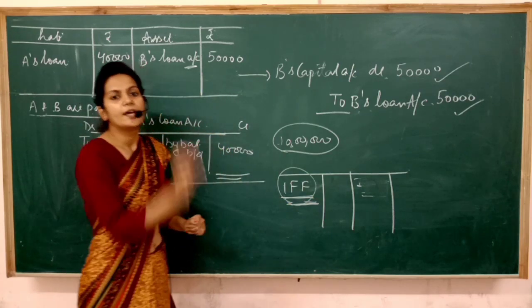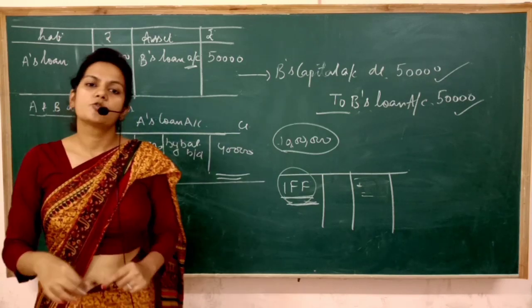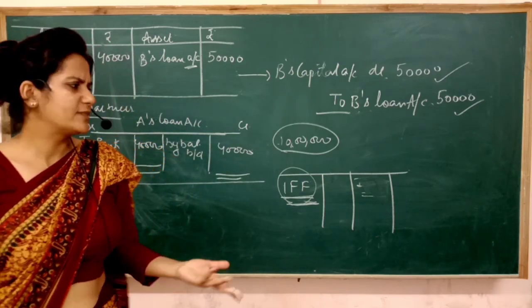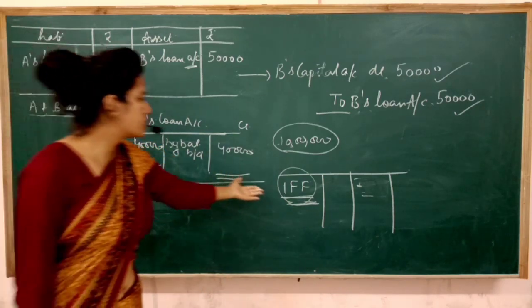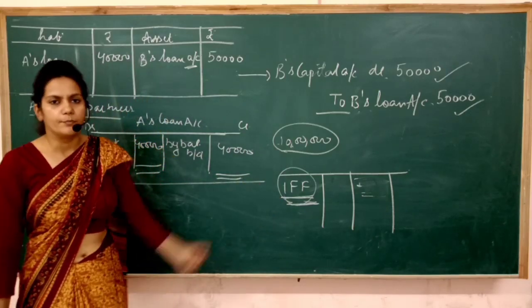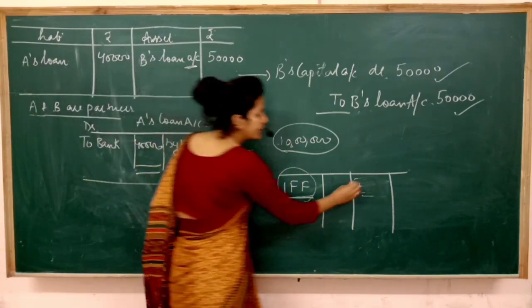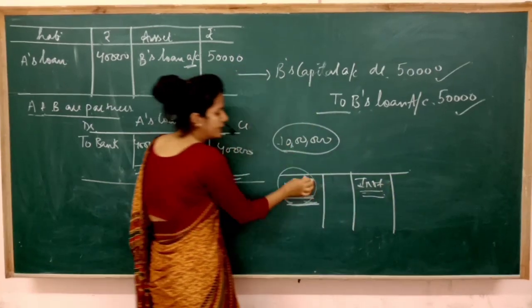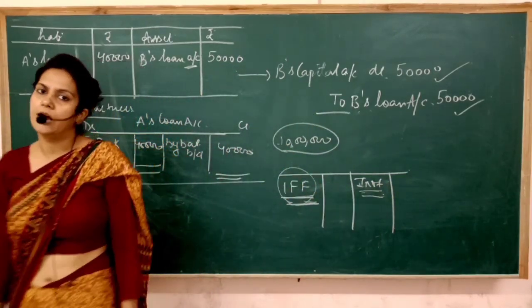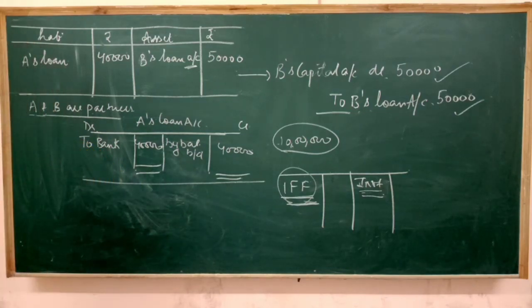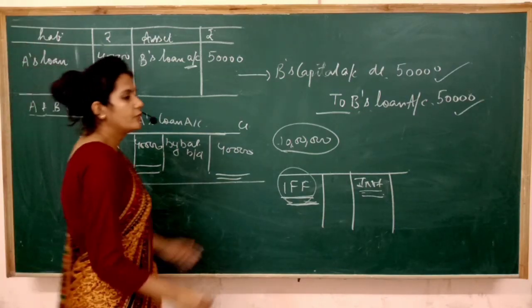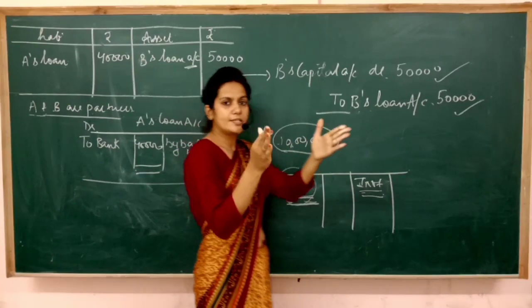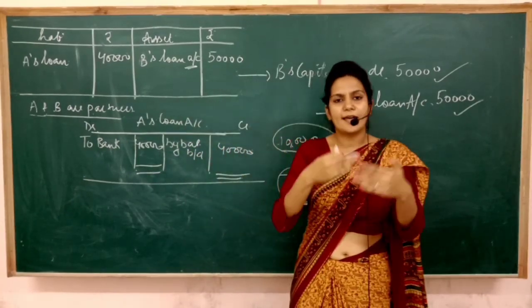An entry will be IFF debited to A, to B or to C. As many partners are there, we are going to distribute this IFF among them. But if investments are there in the question, then in that case, you have to transfer this IFF to realization account.